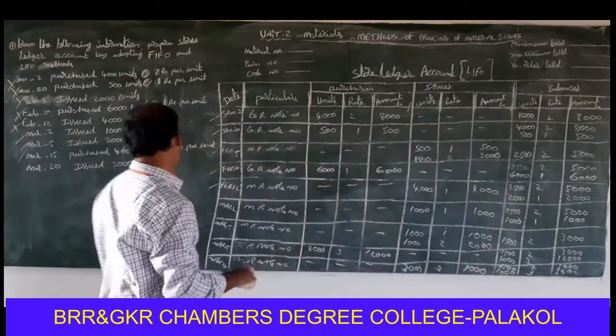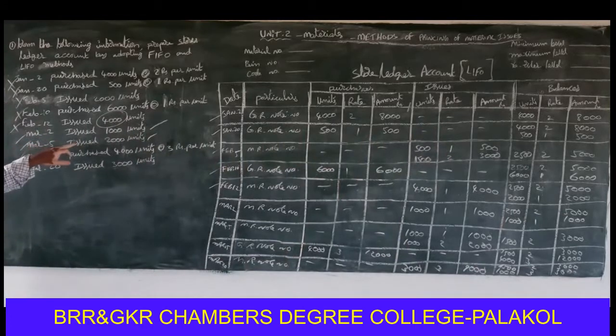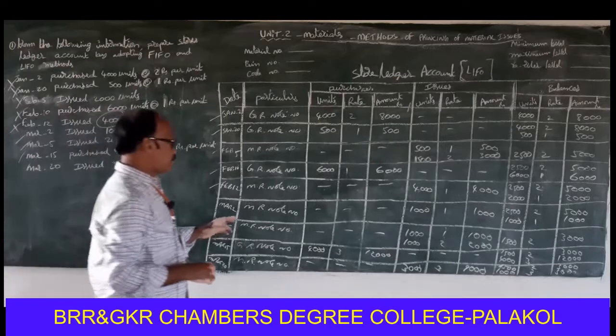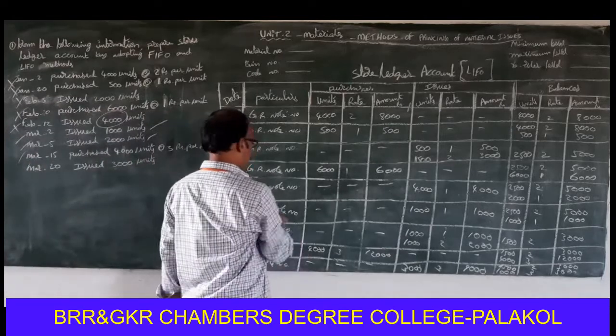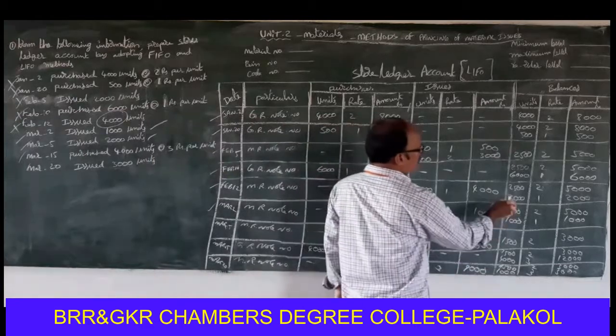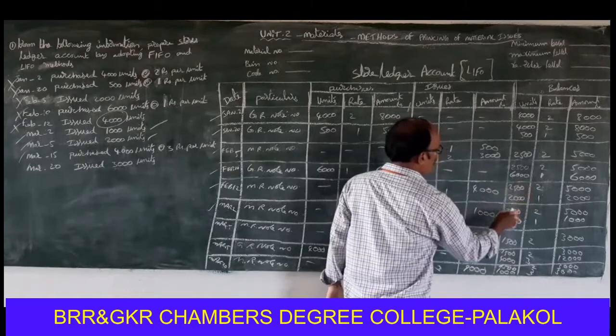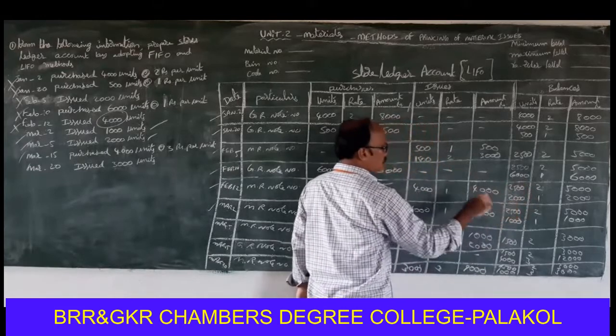This one is over. March 2nd: issued 1,000 units. March 2nd, material requisition note number. This is the last in, first out method. So the last in is the 2,000 units, and from this we issued 1,000 units.